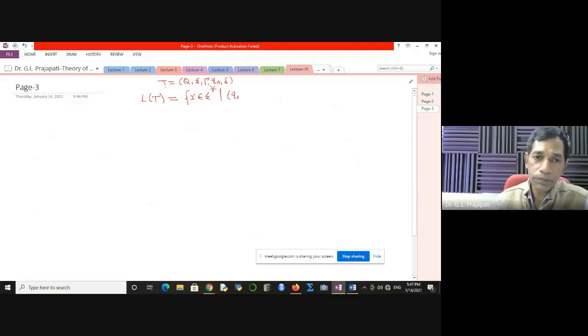So the language accepted by the Turing machine T is the set of x taken from sigma star such that, starting from the initial configuration, and by making the sequence of moves in T, your machine goes to the halt state HA, with YAZ.